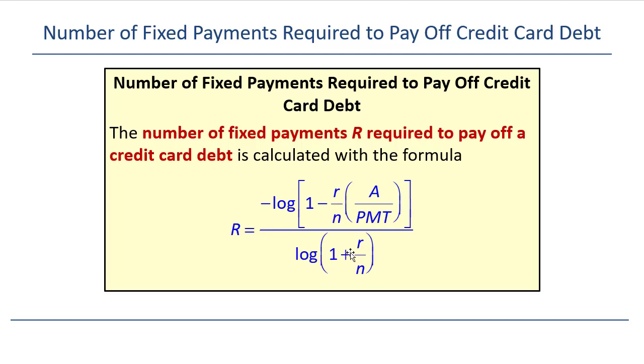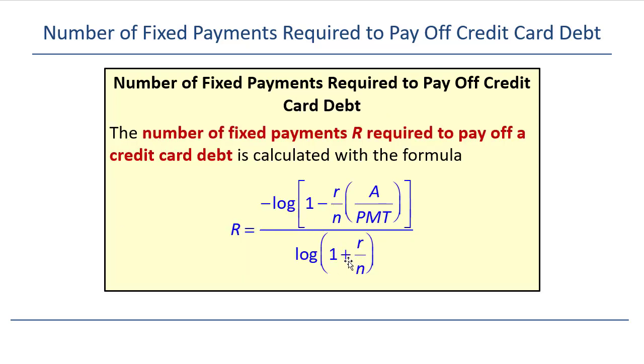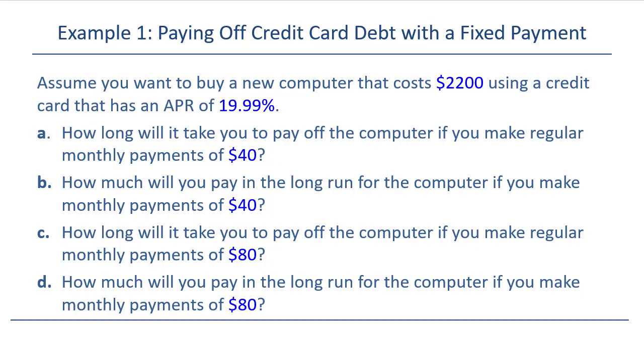And then you divide by the log of 1 plus R over N. Not an easy thing to do by hand. Definitely you can't do the log pieces by hand. You could move this stuff around with algebra to make the equation look simpler before you plug it into the calculator, but it's probably fine just the way it is.